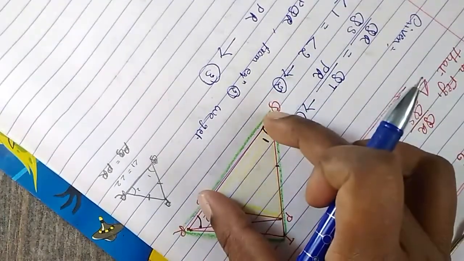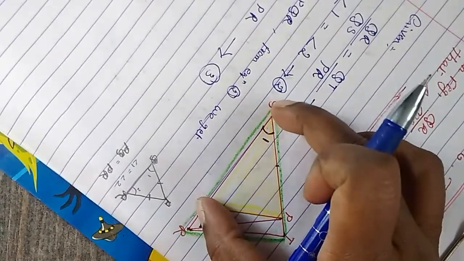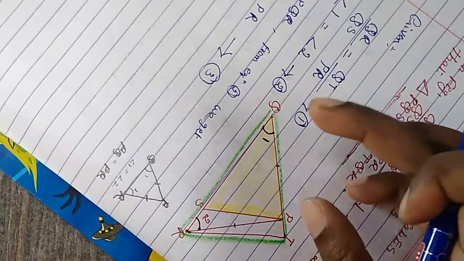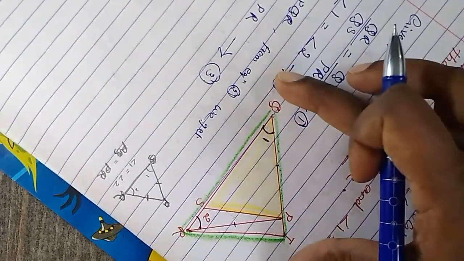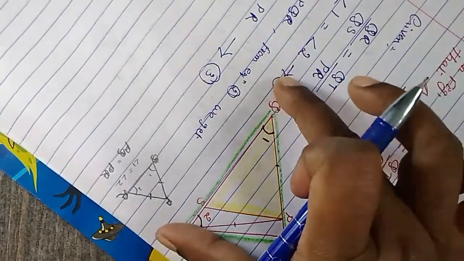The small triangle side is this and the big triangle side is this. Small triangle is QS and big triangle is QR. Small triangle is QP, big triangle side is QT. So first you see the green color, then you see the yellow color.